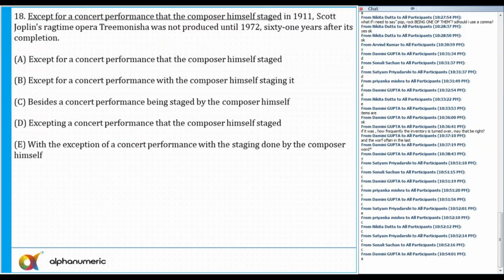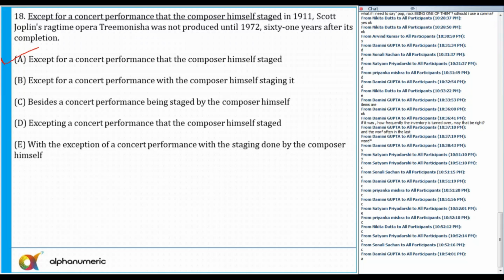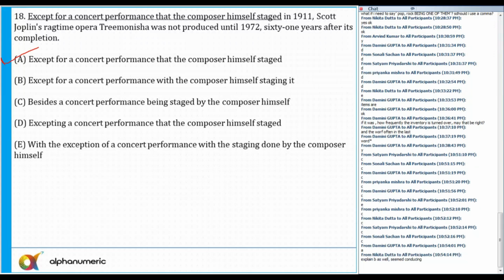So I think there is nothing wrong here. Everything is right, except for a performance that the composer himself staged. His other performances were not produced. I think everything is right. The answer should be A. There's no error here.